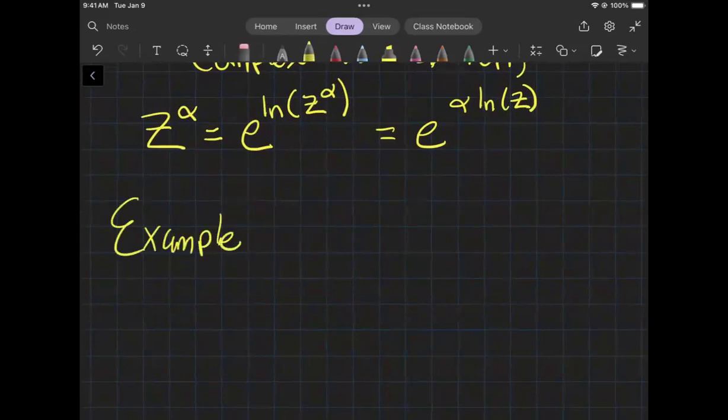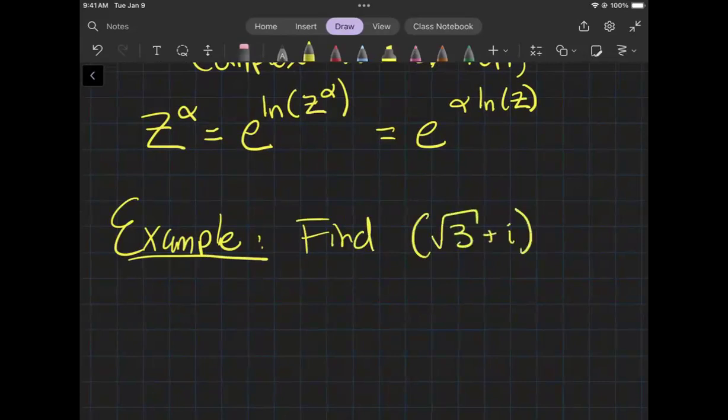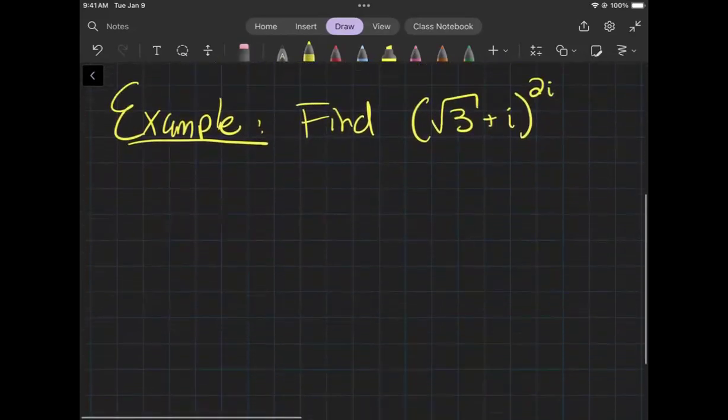Here's one example for you. Find root 3 plus i raised to the 2i. Try to pause the video and see if you can come up with an answer. Okay, let's go over it.